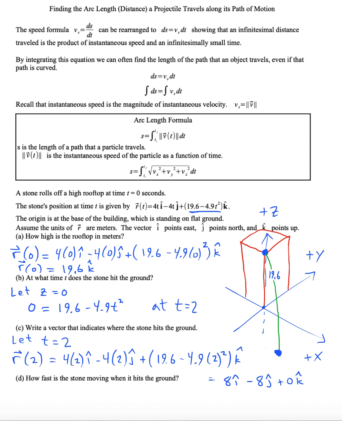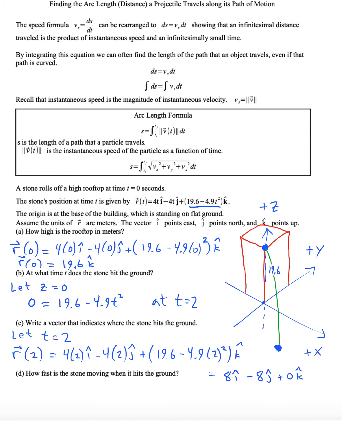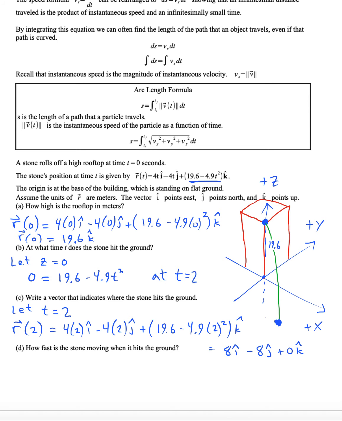How fast is the stone moving when it hits the ground? Okay, so for that, we're going to want to find a formula which gives the speed of our object. First of all, let's find the velocity of our object by differentiating.